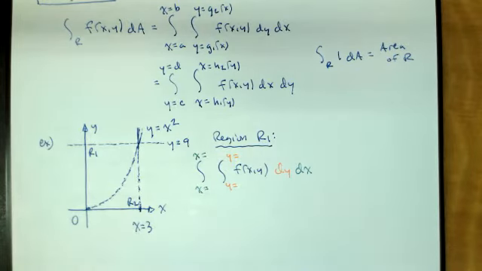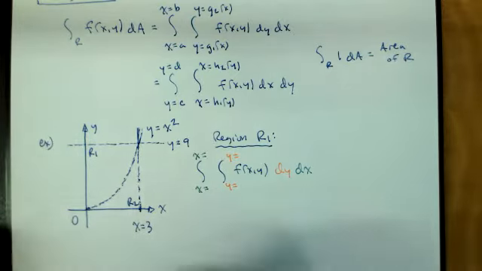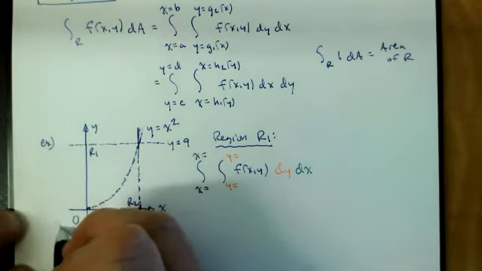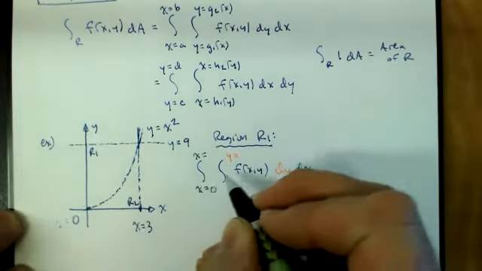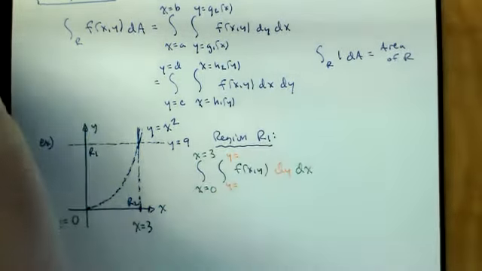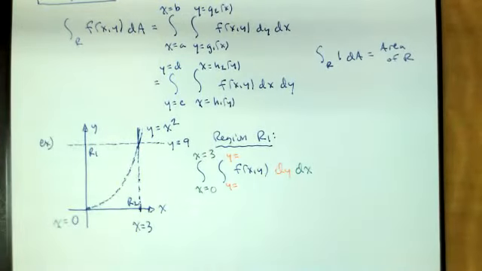It's easiest to start with the last integral, because that one has to be constants. And the x values that we are in between are from 0 to 3. Next, we want to pick a particular x value and see what values y is between. Notice that the y's don't start off at 0.